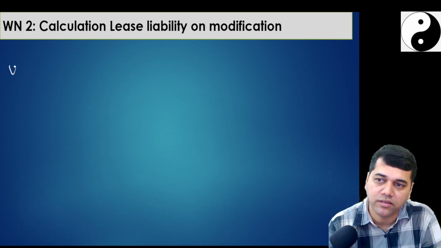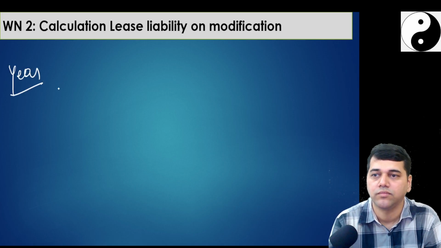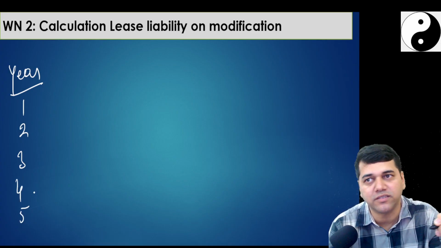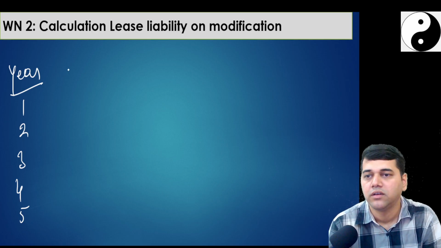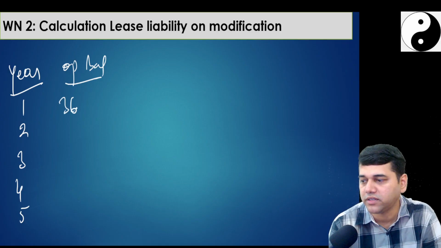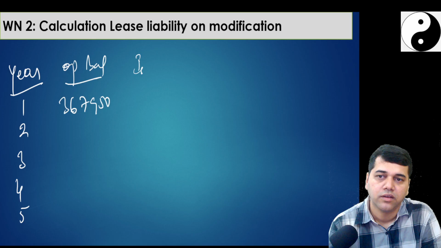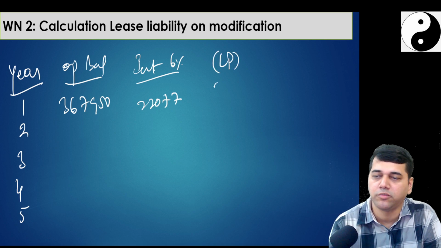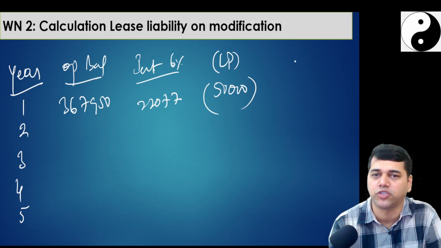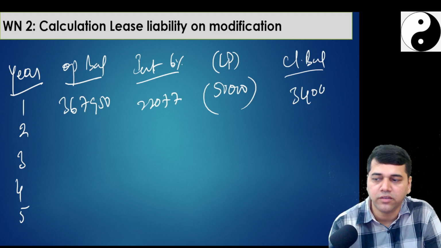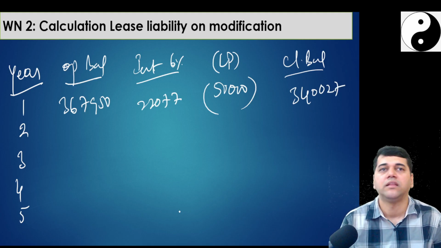I'll write years 1, 2, 3, 4, 5, because at the beginning of the 6th year means end of the 5th year. My opening balance, by now I think you must be used to this, 367,950. My interest will be at the rate of 6%, 22,077. Lease payment is how much? 50,000. Very simple, plain question. Closing balance will be 340,027.